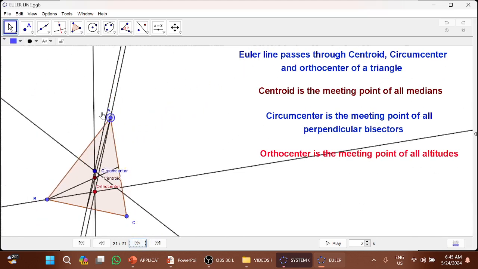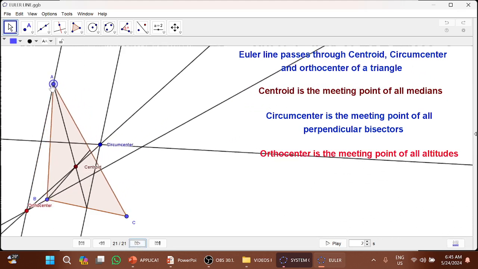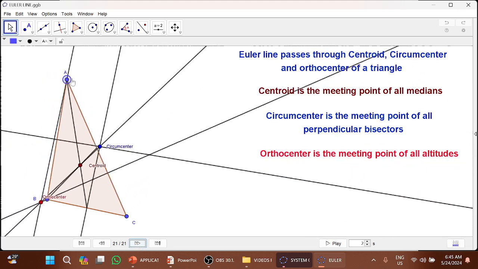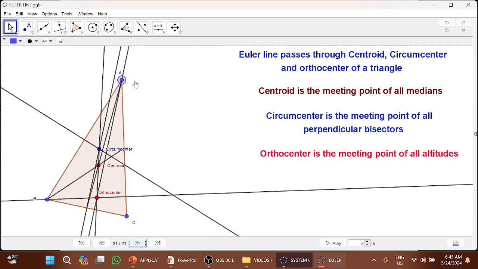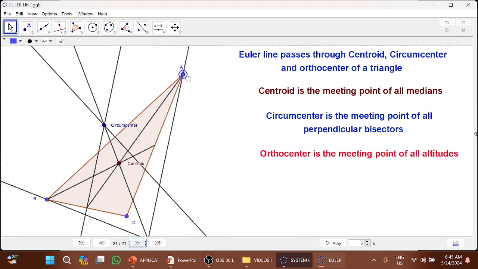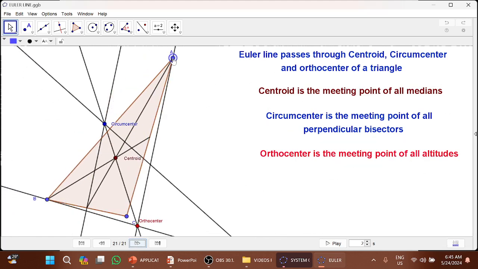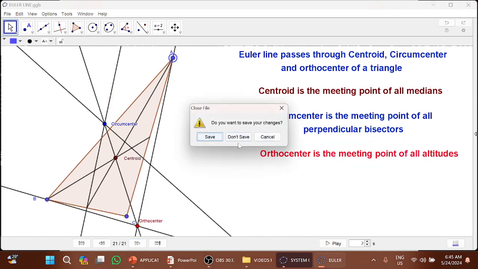The centroid is moving out, the circumcenter goes outside and comes inside, the orthocenter goes inside and outside, but the centroid is always inside. Well, now this is an extra idea; a child can understand what is meant by the Euler line.